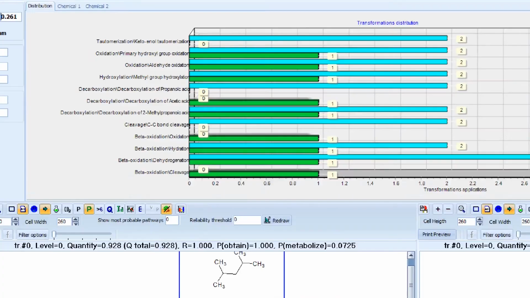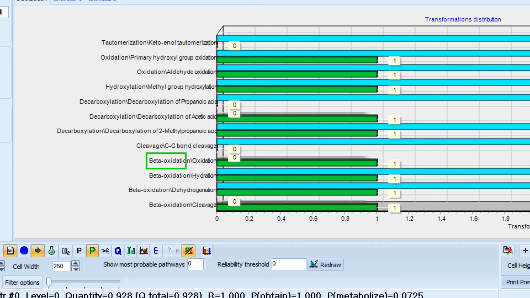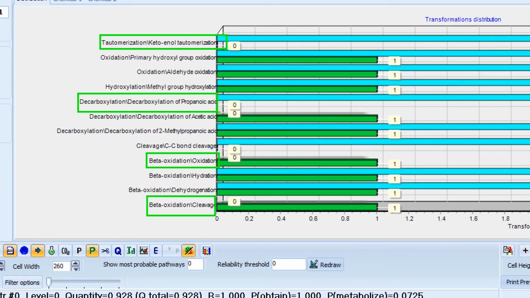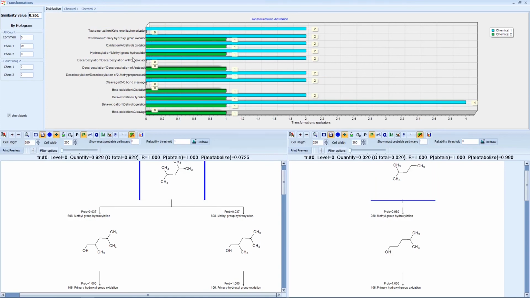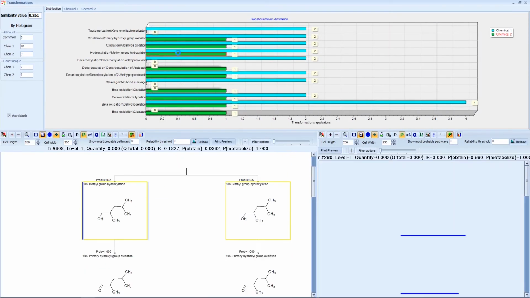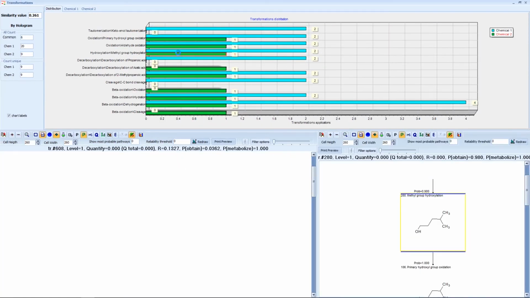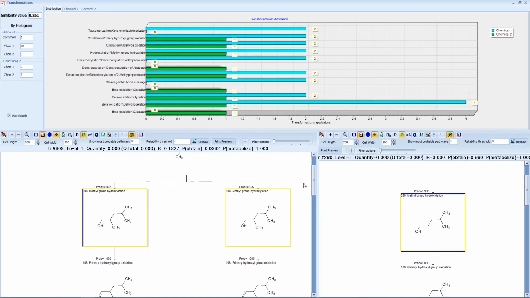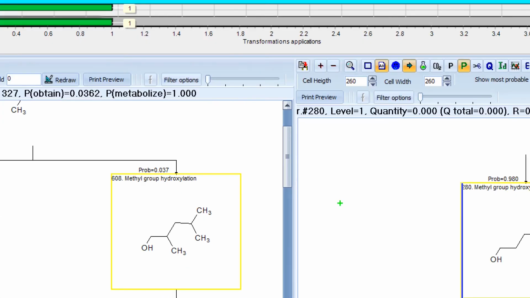The bar diagram clearly shows that some of the molecular transformations that are happening in chemical 2 do not take part in the simulated metabolism of chemical 1, and the opposite. Other transformations, for example methyl group hydroxylation, that are happening in both chemicals have different probabilities of occurrence, and this will have consequences.